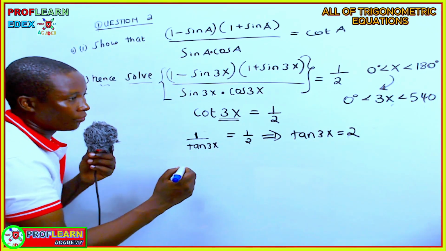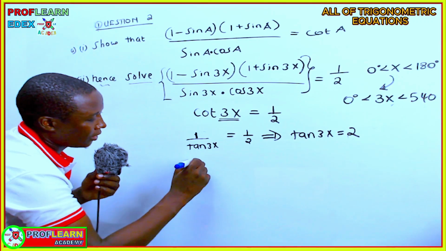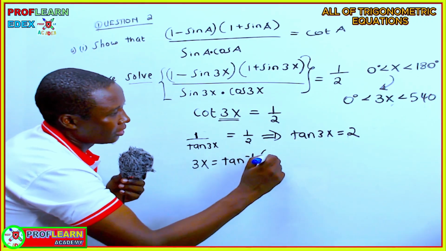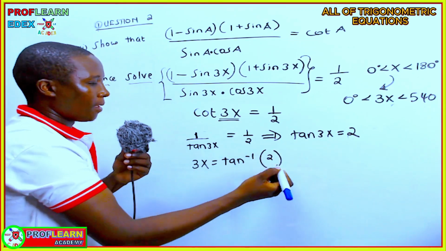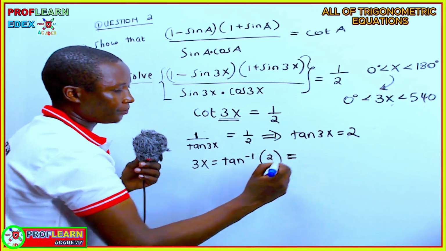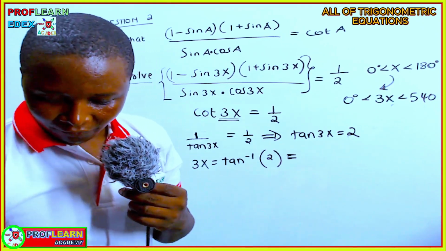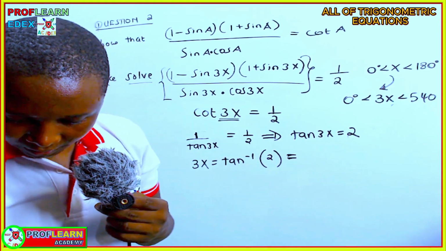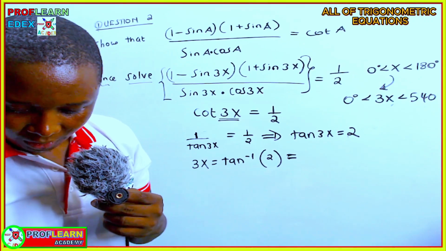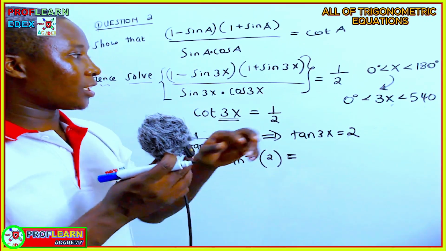Now in the process of working this out, we're going to say that 3x is equal to tan inverse of 2. And what is this value equivalent to? Let's work out tan inverse. Always check your calculator whenever you're working this out, whether it's in the correct units.